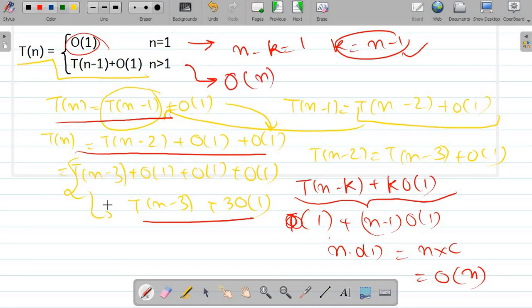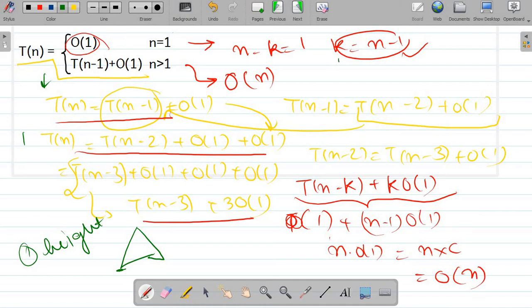Now see what all things my substitution method can help me derive. First of all, we can derive the height of our recurrence tree. The height of a recurrence tree depends on where my base case is achieved.